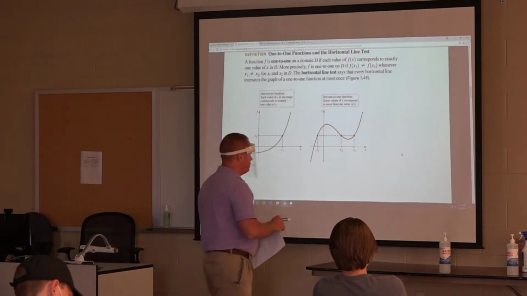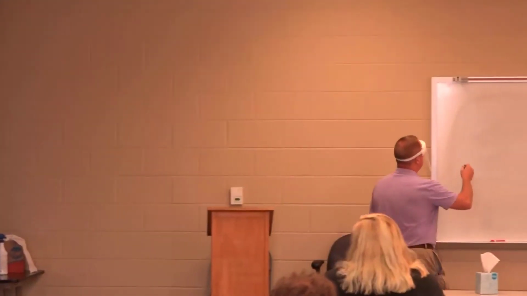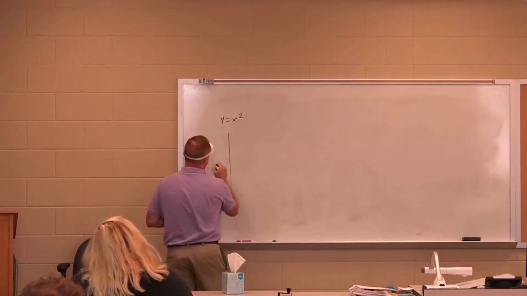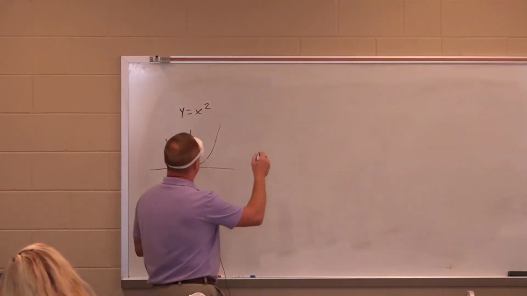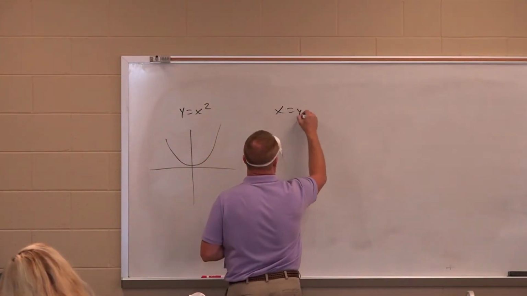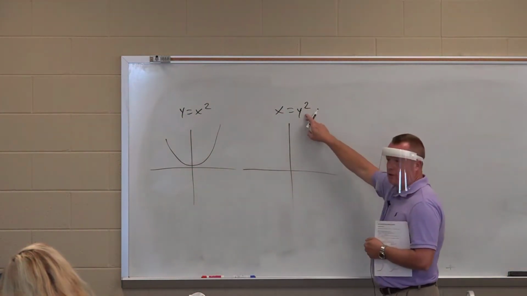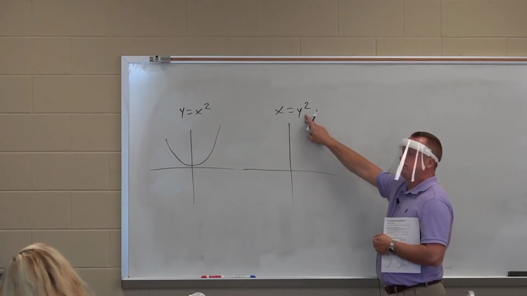So if you took y equals x squared, which is this, and you swap the x and the y's, you get this. What would the graph of this one look like? Sideways parabola.